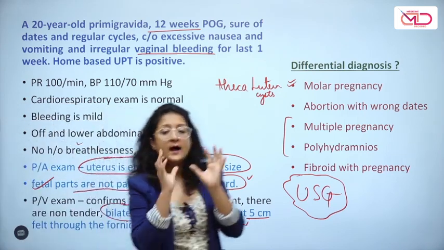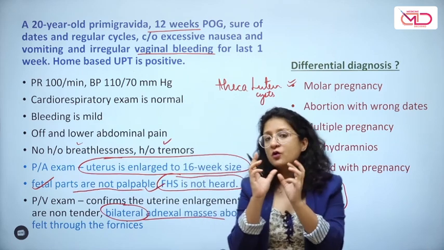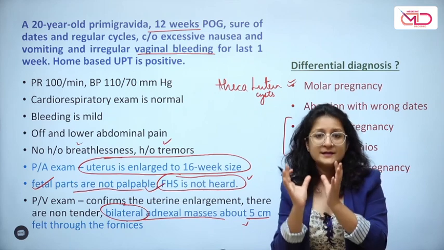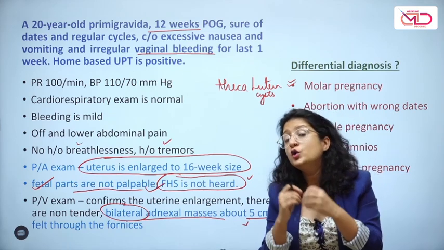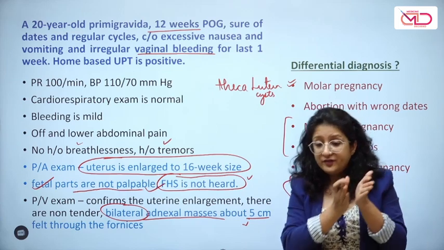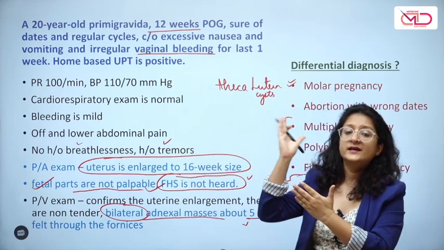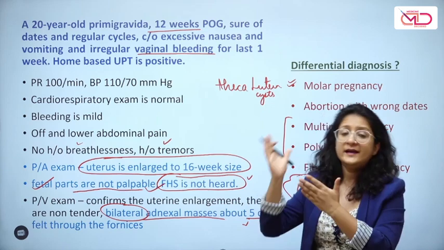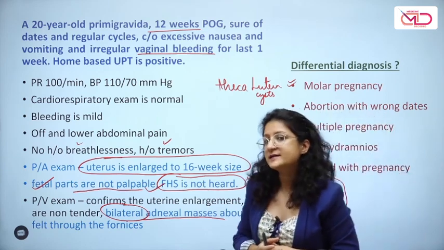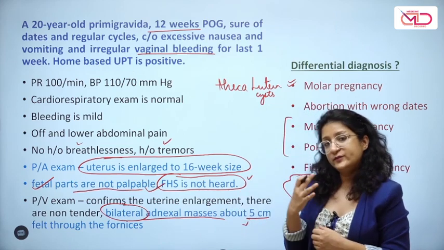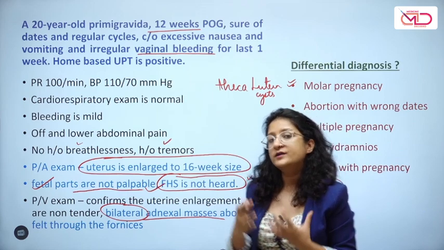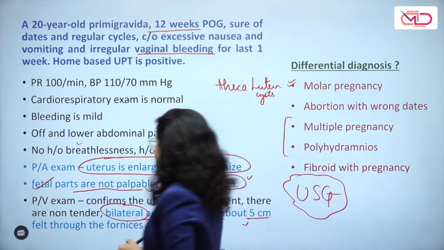You see these cystically distended chorionic villi which are present in a molar pregnancy, they can metastasize by the venous circulation to the lungs. They could lead to pulmonary emboli and then can lead to the complaint of breathlessness as well. So when you're suspecting molar pregnancy, be mindful of this and ask about these symptoms as well.